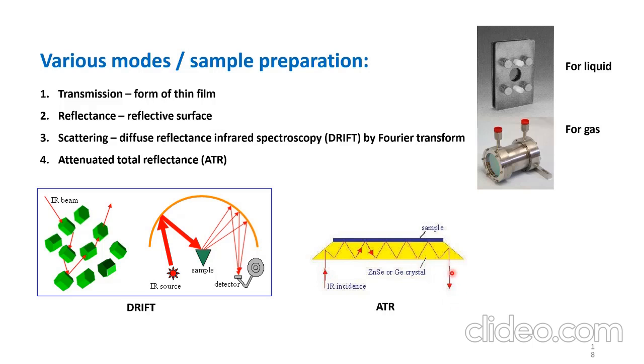And finally, we check the radiation at the outer side, or at the last end of the crystal, and then the detector detects how much light is absorbed by the sample. So this is a very good mode for checking the surface property of any material.